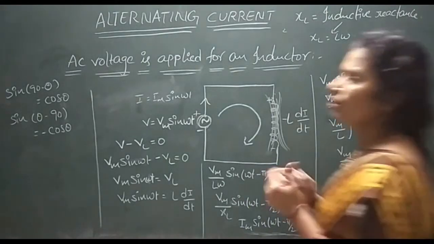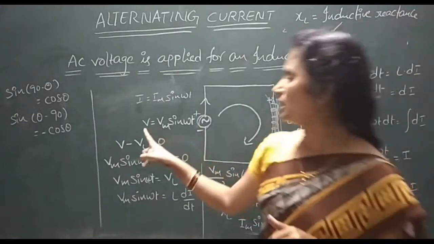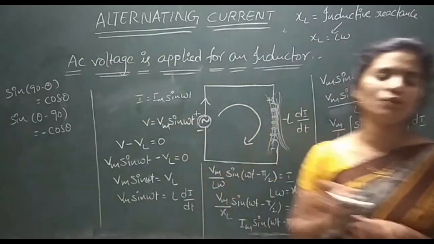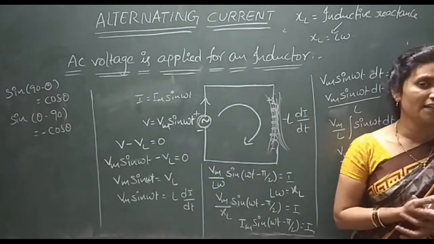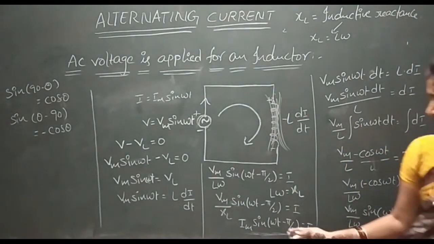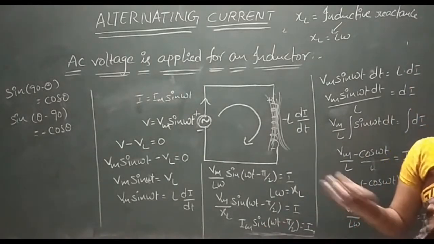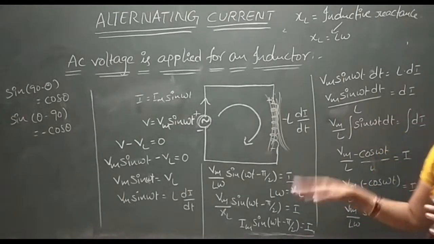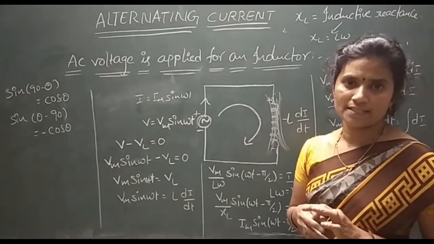In case of an inductor, the voltage is Vm sin omega t and the current is Im sin omega t minus pi by 2. It tells us that the current lags by pi by 2 radians when an AC voltage is applied to an inductor.